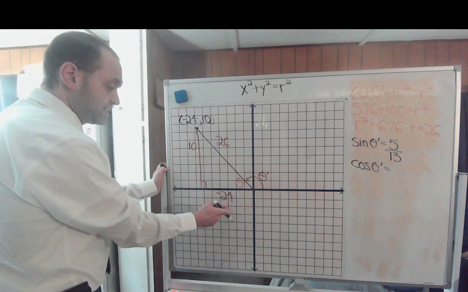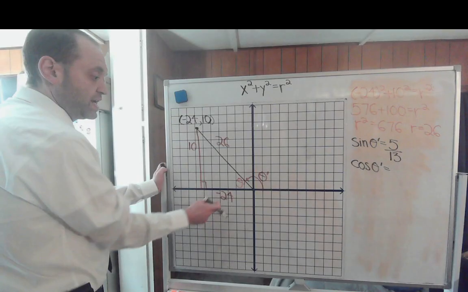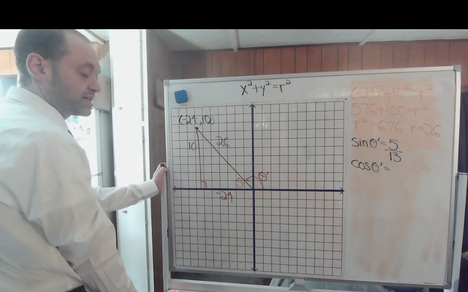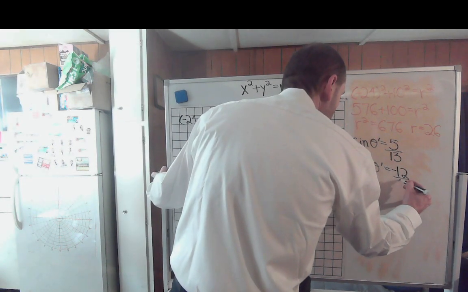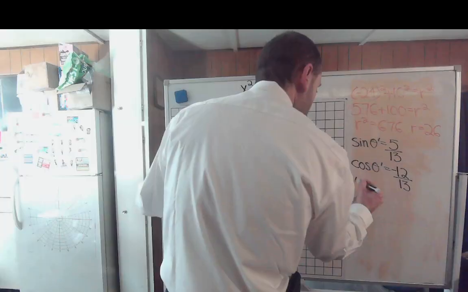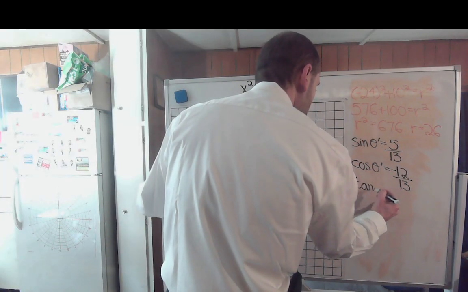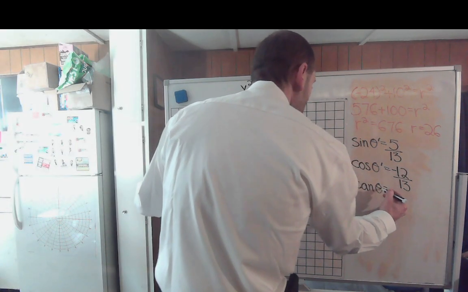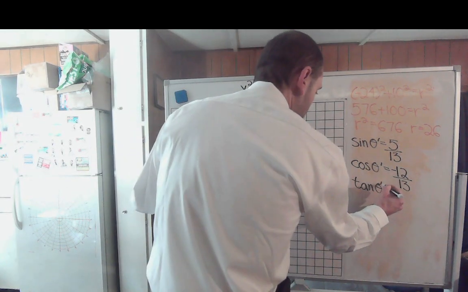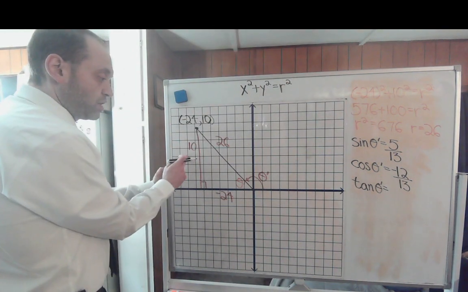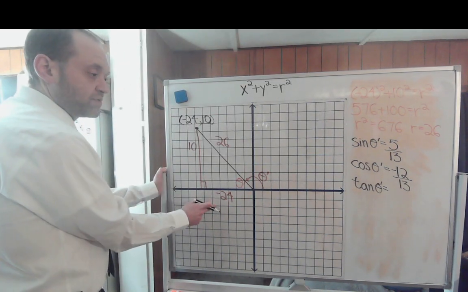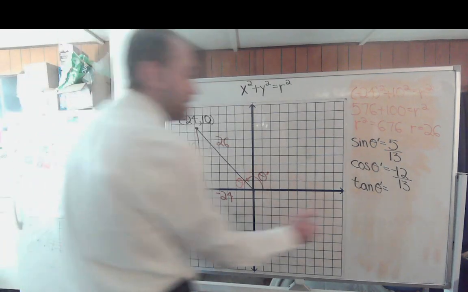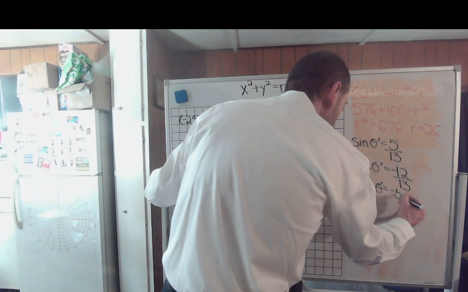That's the adjacent over the hypotenuse, so negative 24 over 26 would turn into negative 12/13. Alright, then we have the tangent of theta, or I should say theta prime, that's the opposite over the adjacent. So that would be 10 over negative 24, which would end up being negative 5/12.